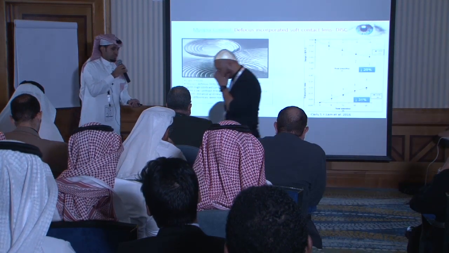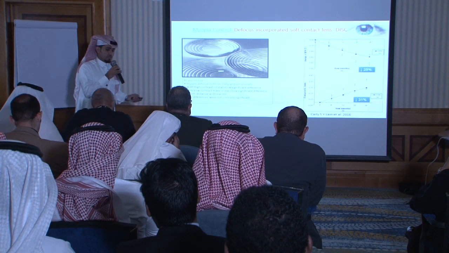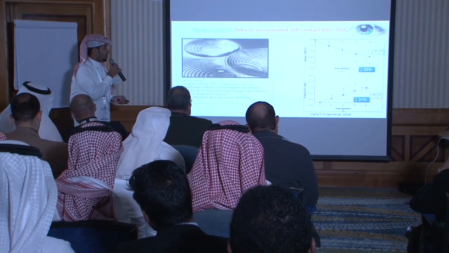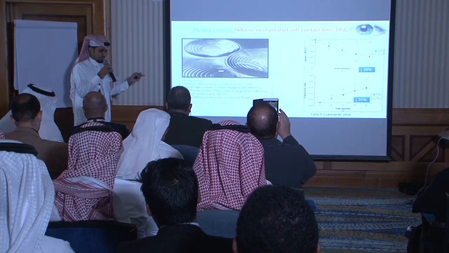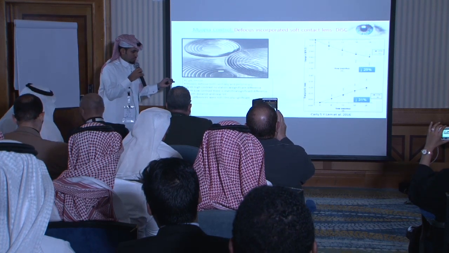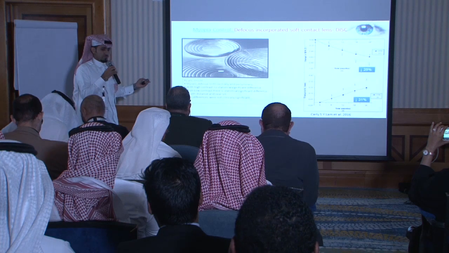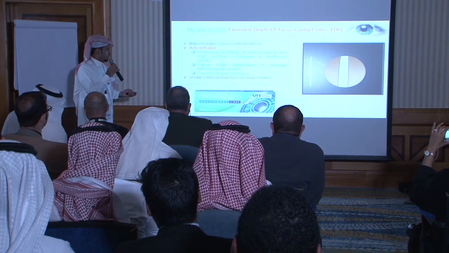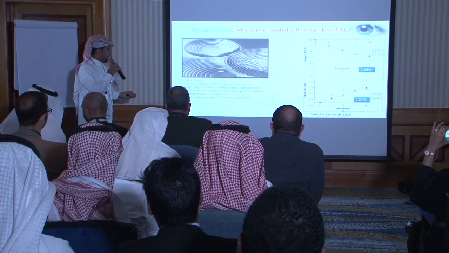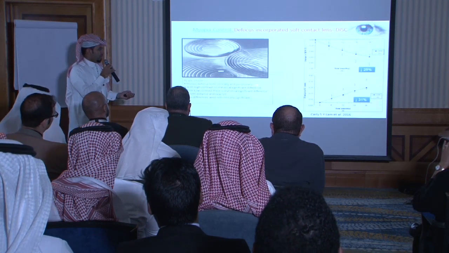Another example is a contact lens called the defocus incorporated soft contact lens. A study was done for 2 years to evaluate the efficacy of these lenses. These lenses create myopic defocus in the central area and periphery.